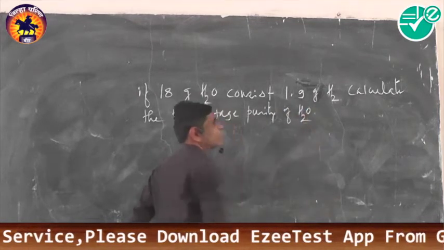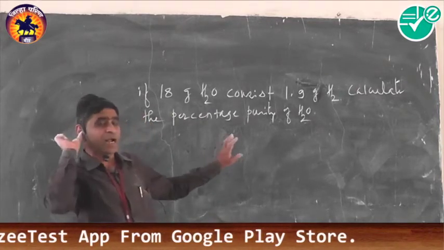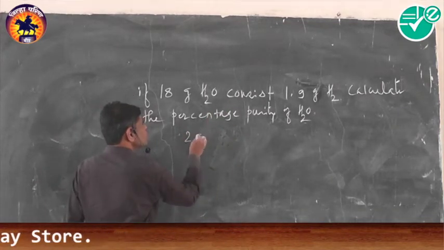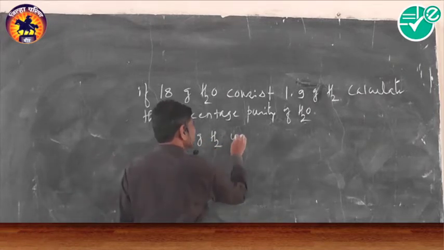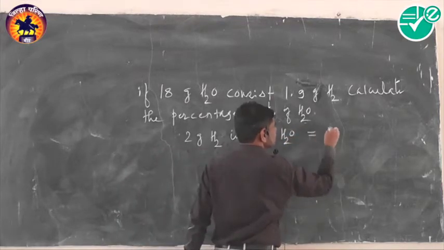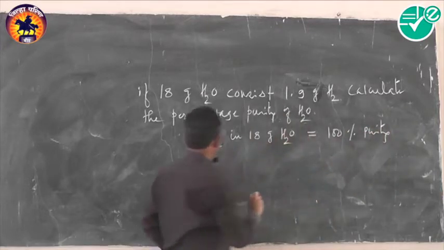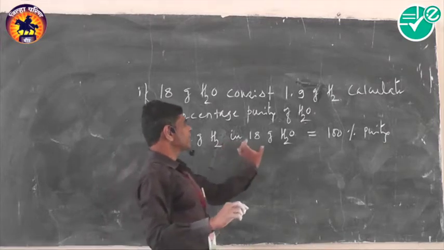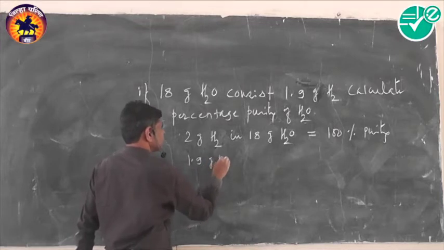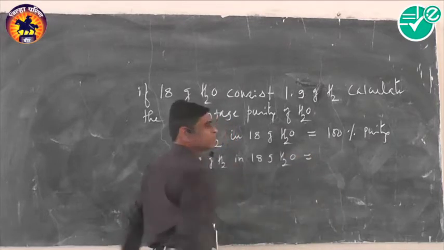And thus remember, what is our expectation? You know that if that sample of water is 100% pure, then 18 gram water consists 2 gram of hydrogen. And thus 2 gram of hydrogen in 18 gram water gives 100% purity. Then 1.9 gram hydrogen in 18 gram water gives how much percentage purity?